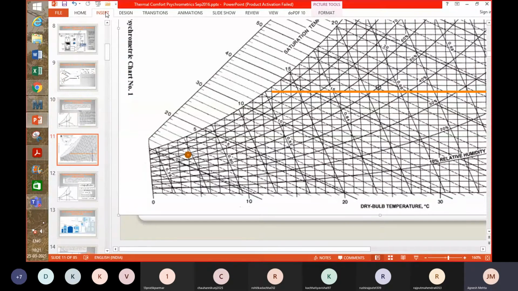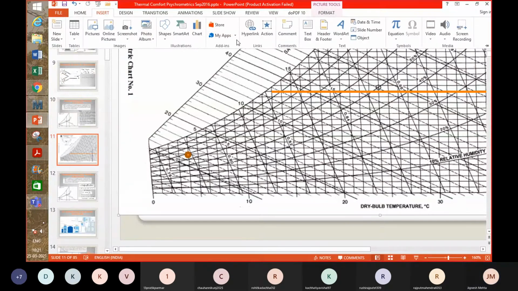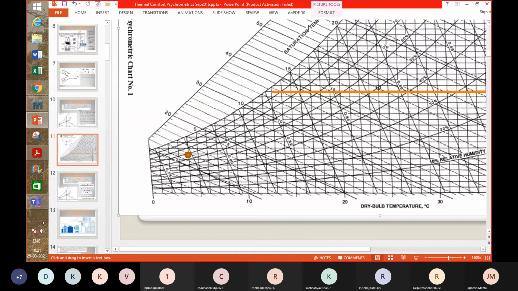Look at that point on the psychrometric chart: 4 degrees Celsius dry bulb temperature and 2 degrees Celsius wet bulb temperature, right?